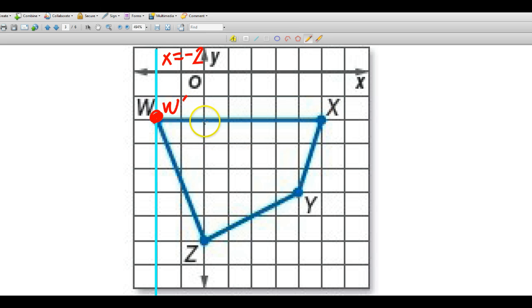X is 7 to the right, so X prime will be 7 to the left. Y is 6 to the right, so I want to go 6 to the left.